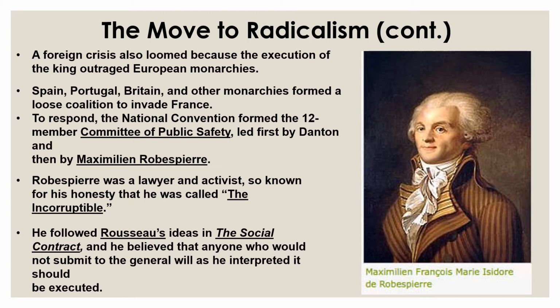Robespierre followed Rousseau's ideas that he had written about in his book, The Social Contract, that we talked about in the previous unit. And he believed that anyone who would not submit to the, quote, general will, as he interpreted it, should be executed. Now, why does he get to interpret the general will? Because he was the head of the Committee of Public Safety that was put in charge of the war effort against the other nations in Europe.